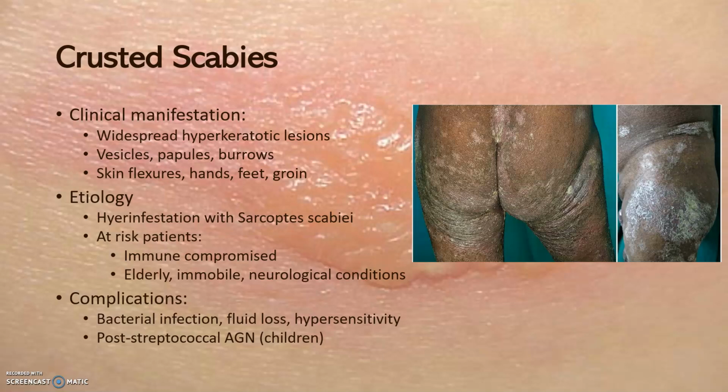It can be complicated by bacterial superinfection, fluid loss, or skin hypersensitivity reactions either to the infective agent or to the treatment. Remember, in children, the superinfection can lead to acute glomerulonephritis.